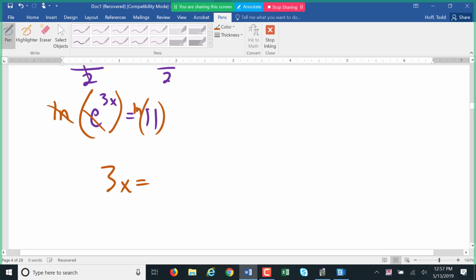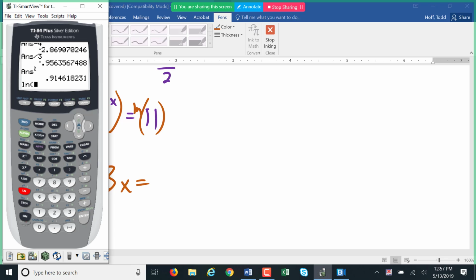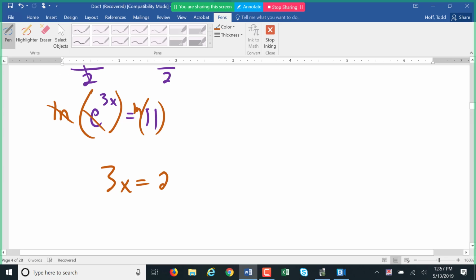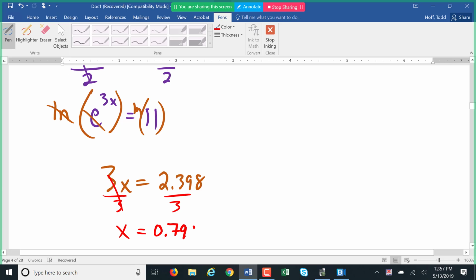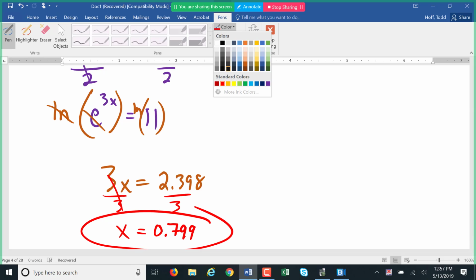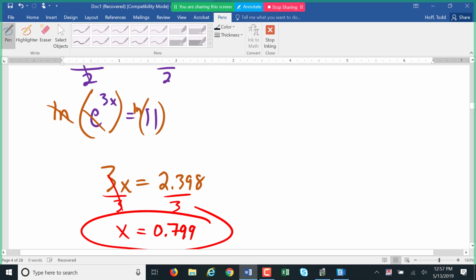We get 3x equals ln of 11, we can just put ln of 11 in our calculator. 2.398. And then we divide by 3. X equals 0.799. What do you think? Good.